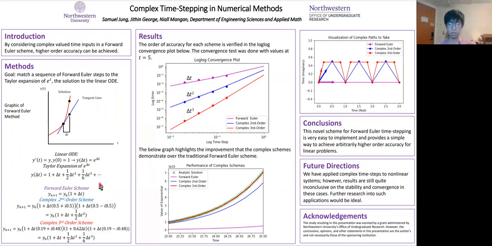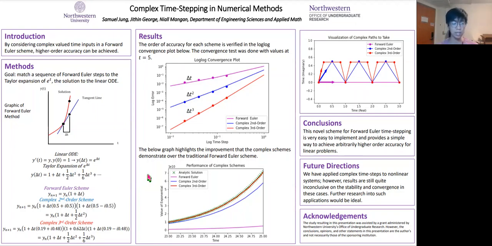Naturally, the hope is that you can get even higher orders of accuracy. You can have delta t squared, delta t cubed. That's where complex time steps come in. What we have found is that you can't actually reach this delta t squared value without taking a complex value time step. And not only that, but if you want delta t squared, then you need to take two steps.